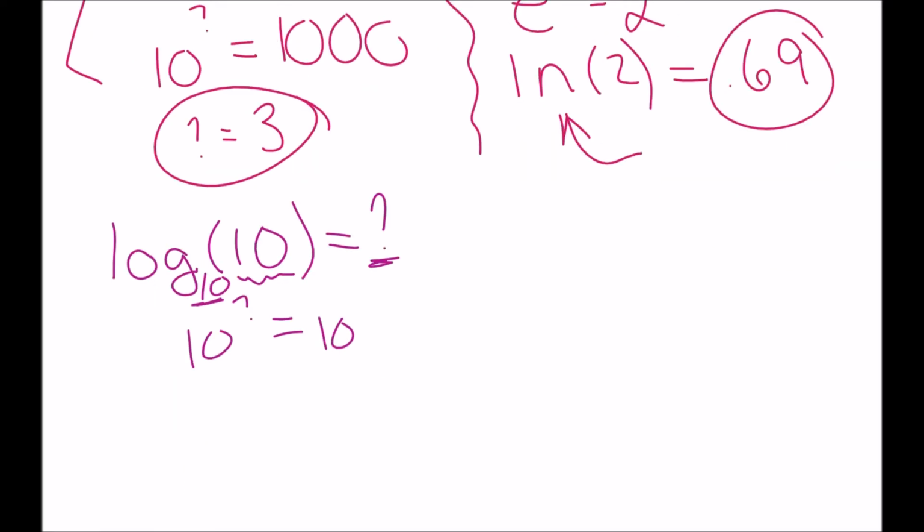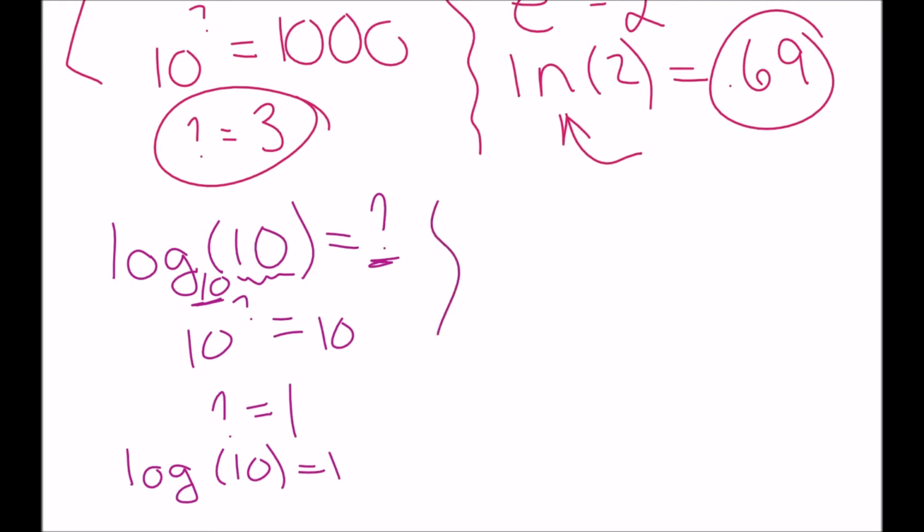Hang in there. But basically, we know that 10 raised to what equals 10? Well, when you raise something to 1, it always equals itself. So we know that the question mark has to equal 1 because 10 is 10. And so that's one of the basic ideas of that one. So we can rewrite this: log of 10 equals 1.